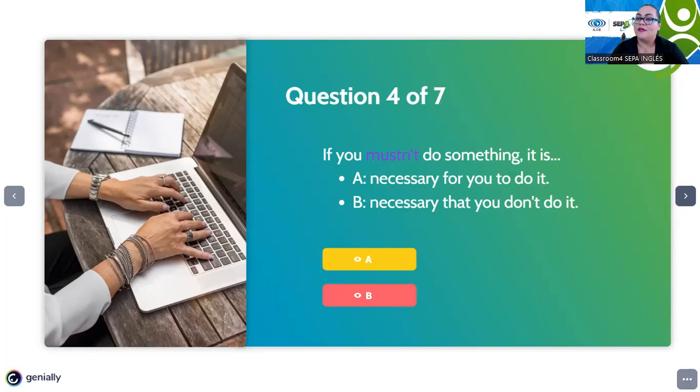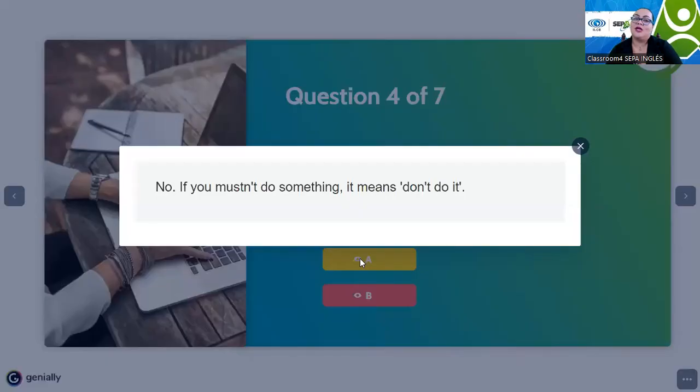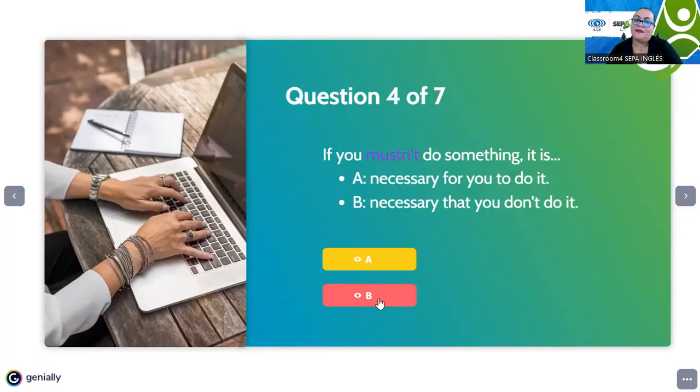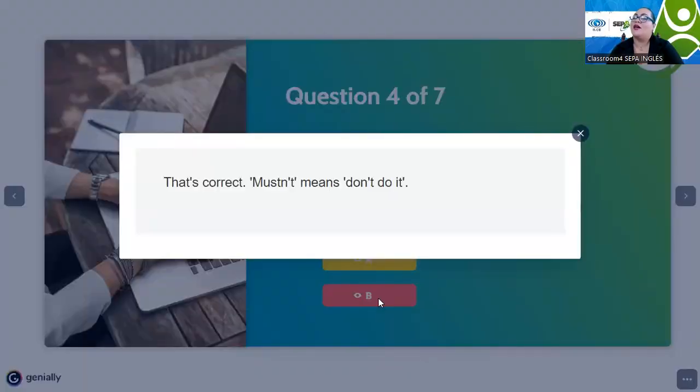What do you think? A or B? Let's see. Letter A. No. If you mustn't do something, it means don't do it. So the correct one is B. Mustn't means don't do it.